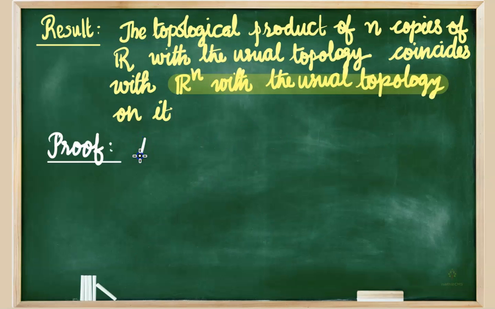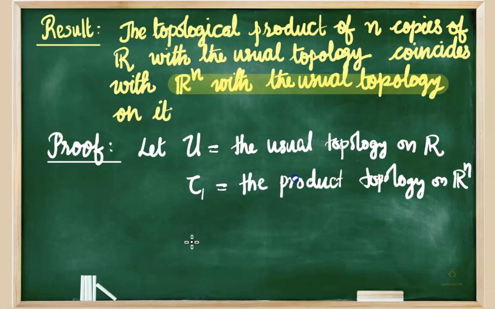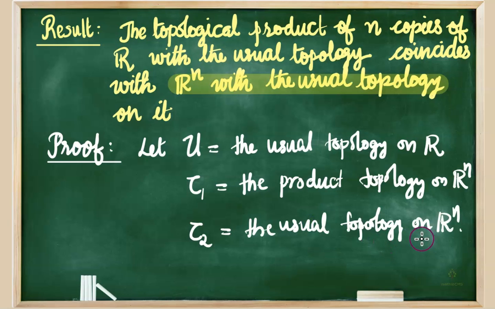For the proof, let us denote by U the usual topology on R. Let τ1 be the product topology on Rn, while τ2 denotes the usual topology on it, that is the topology induced by the Euclidean metric or usual metric on Rn.